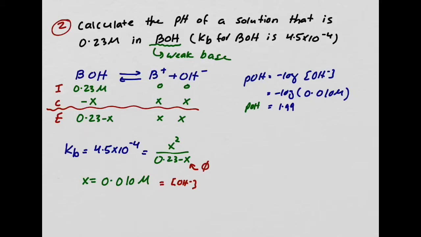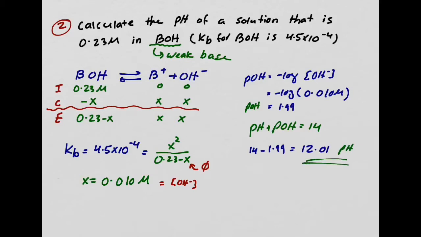Now I know that pH plus pOH is equal to 14. As long as you figure out one of them, you can easily figure out the other one. So 14 minus 1.99 gives 12.01 as the pH.